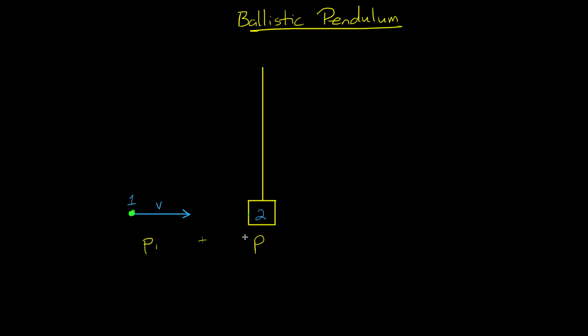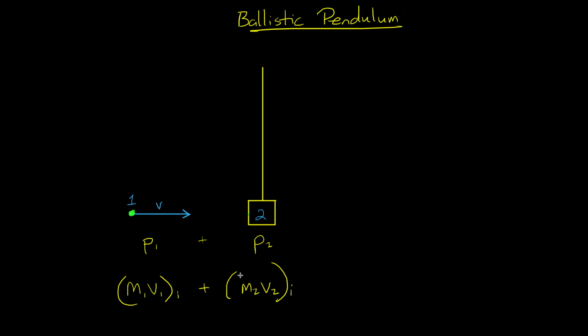So this is the momentum of object 1 and this is the momentum of object 2, both of which can be broken down as mass 1 times velocity 1 initial plus mass 2 times velocity 2 initial.